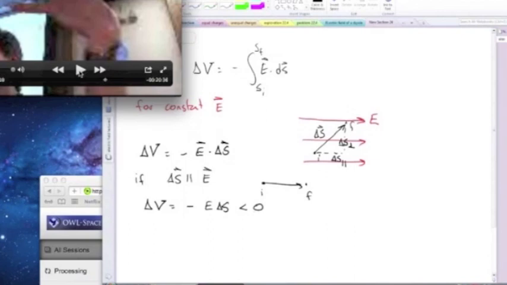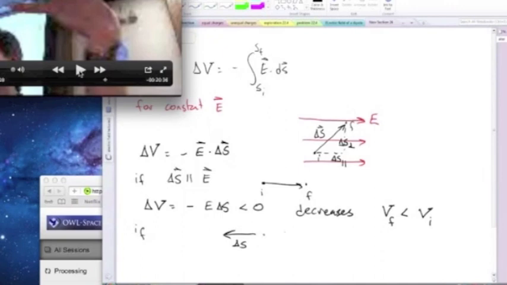In the case where they're parallel, the angle will be 0, so the cosine will be 1. So delta V is negative E times delta S. That means that the potential decreases as you go from the initial point to the final point. The potential at the final point is less than the potential at the initial point.